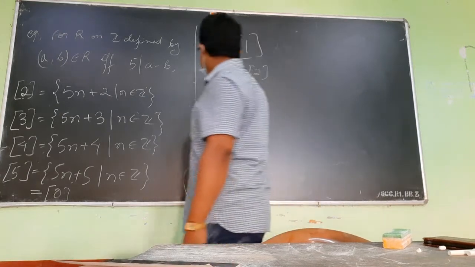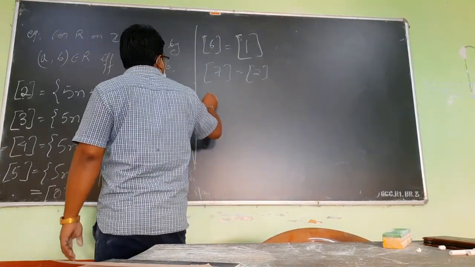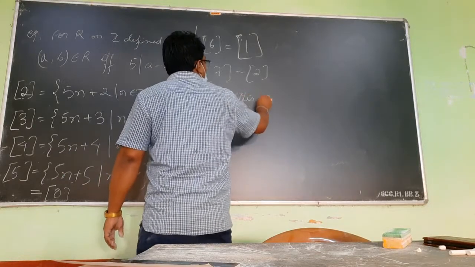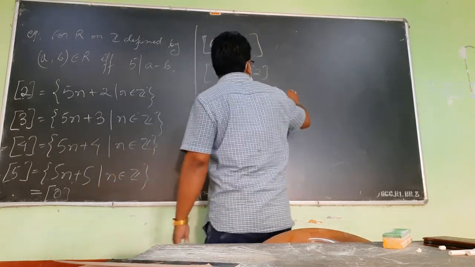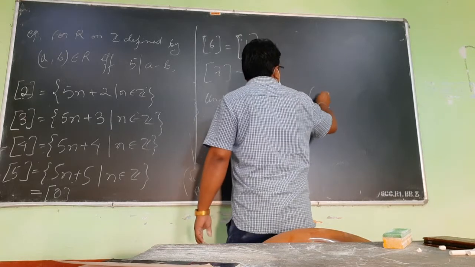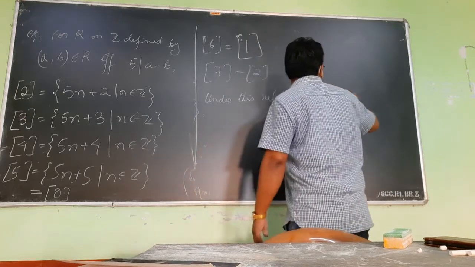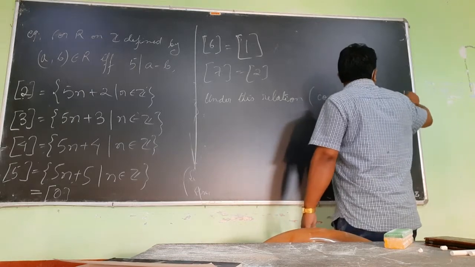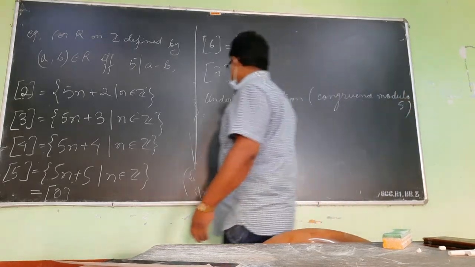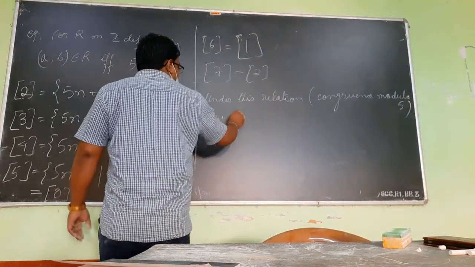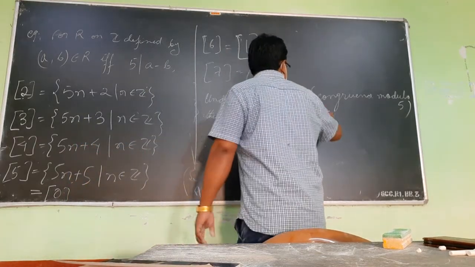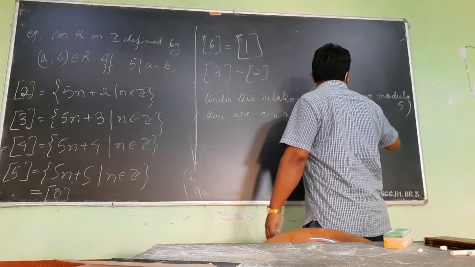Under this relation, which means congruence modulo 5, there are exactly 5 distinct equivalence classes.